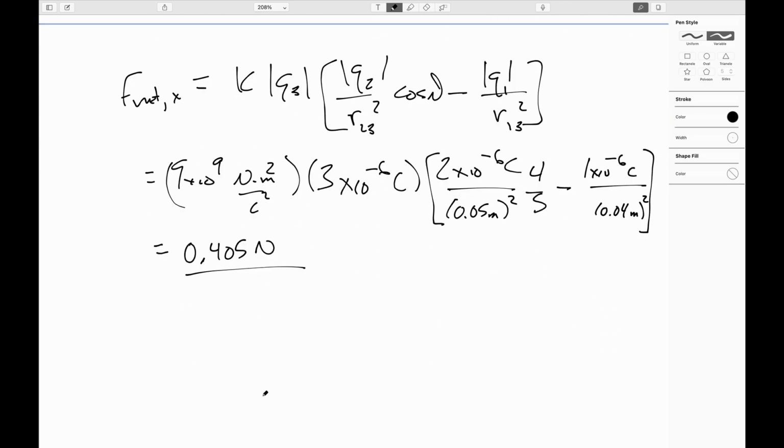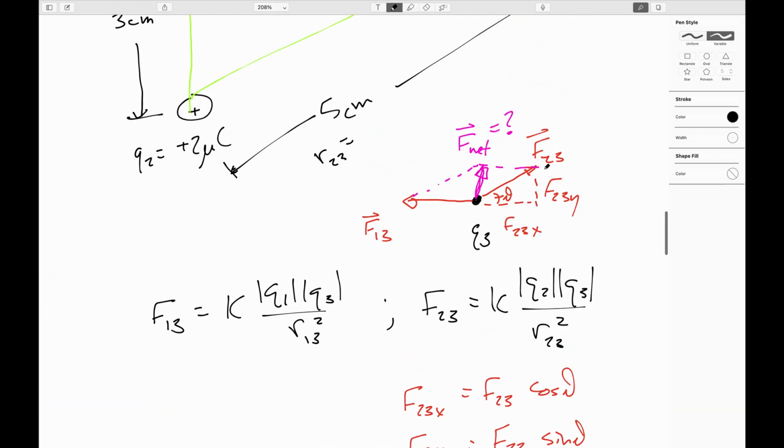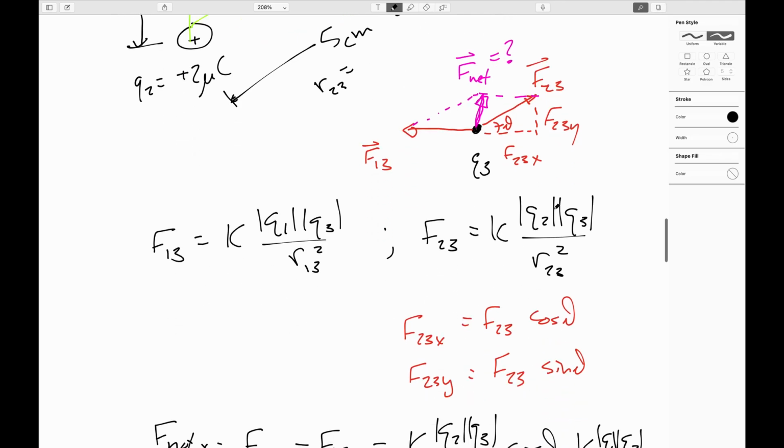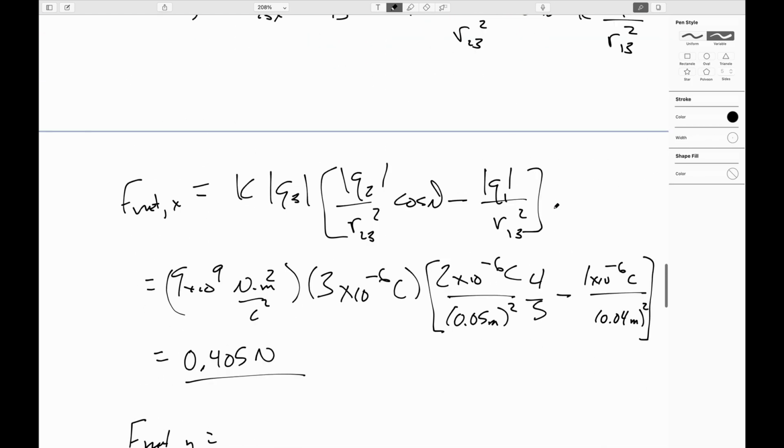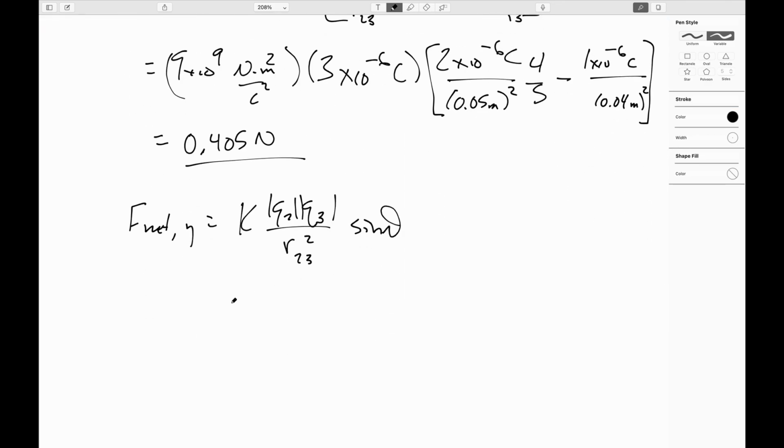Now for the y component, let's go back and look at our free body diagram. In our free body diagram, we see that only F2 on 3 has a y component. So we can just write that as F2 on 3, which is K Q2 Q3 over R23 squared times sine of theta. So we can just go ahead and plug and grind it.